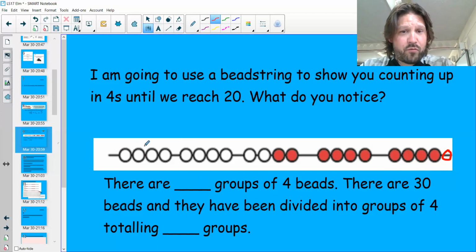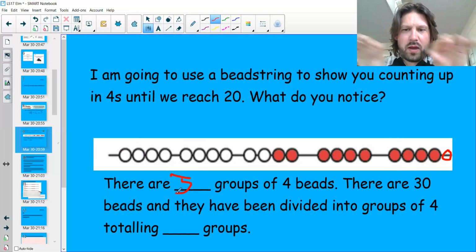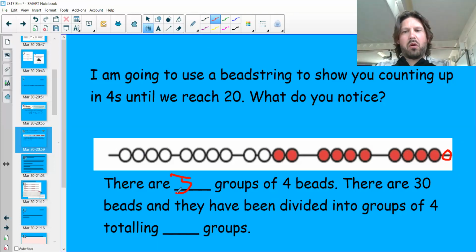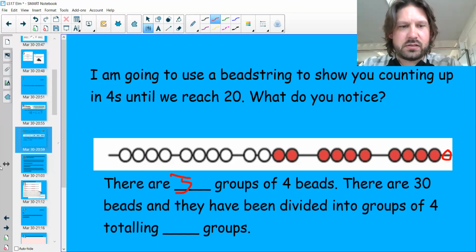So then you would have 5 groups of 4, and 1 remainder. The 1 remainder can't go equally into the groups. So that's what we'll talk about when we talk about remainders.